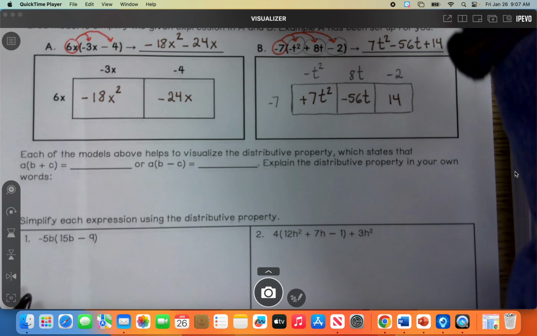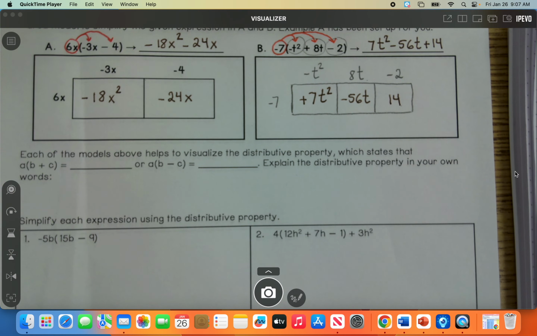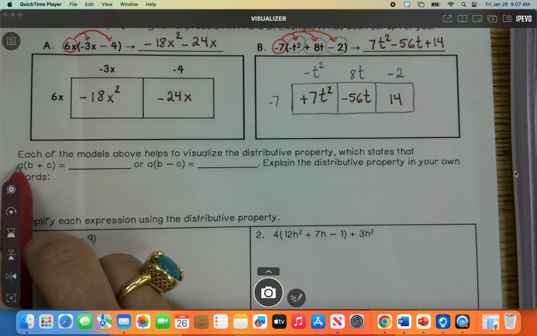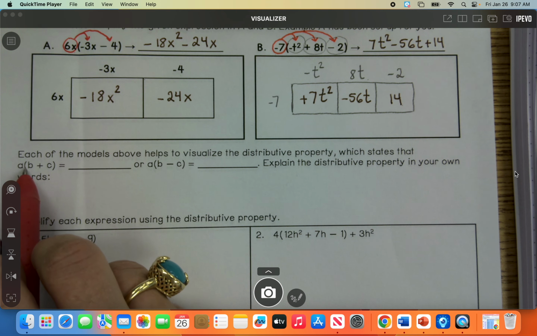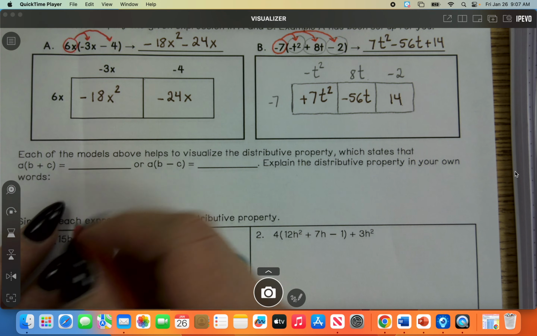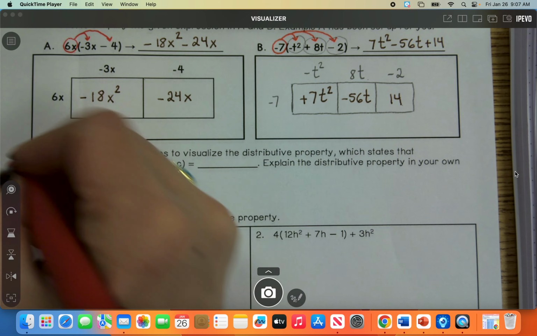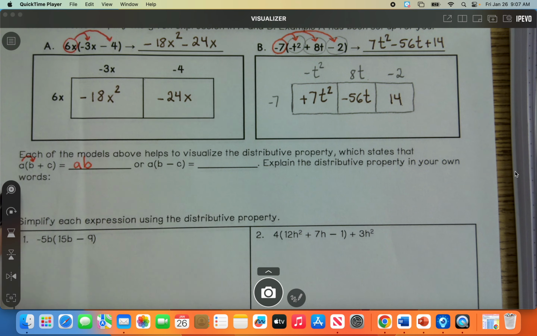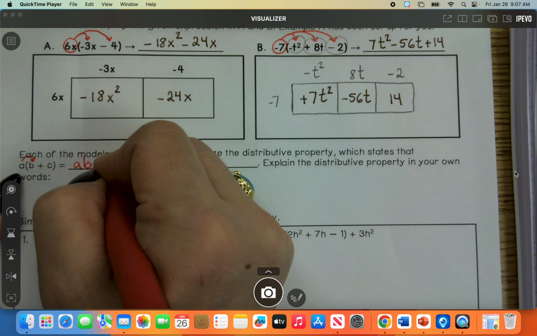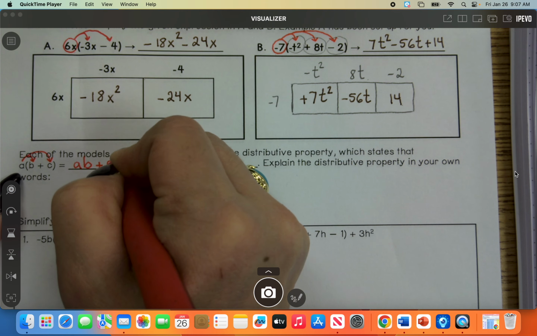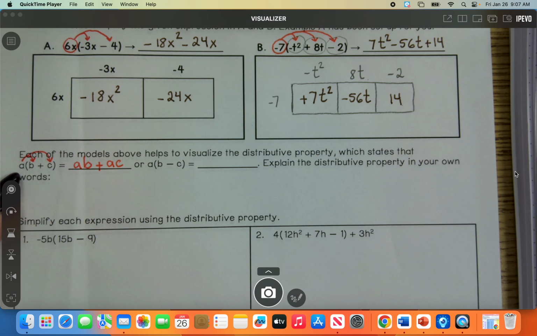Let's move on. It says each of the models above helps to visualize the distributive property, which states that A times parenthesis B plus C equals A, B, because that's multiply, this would be AB plus A times C, so it would be AC.